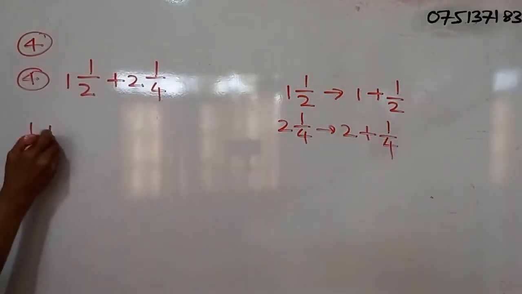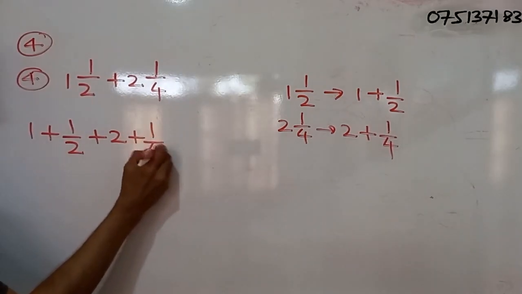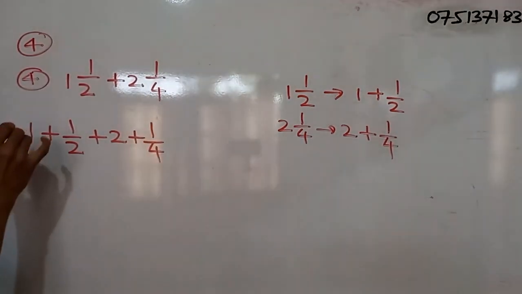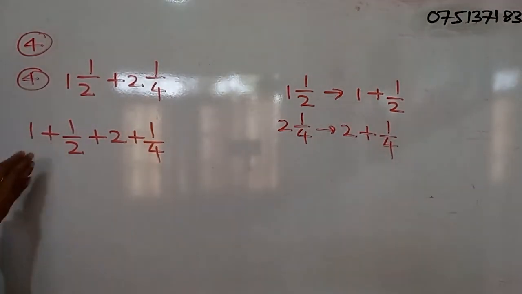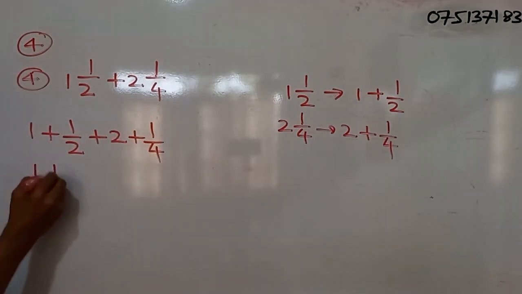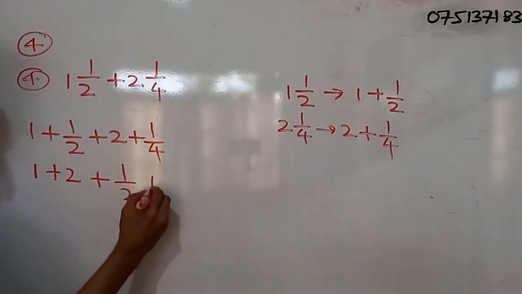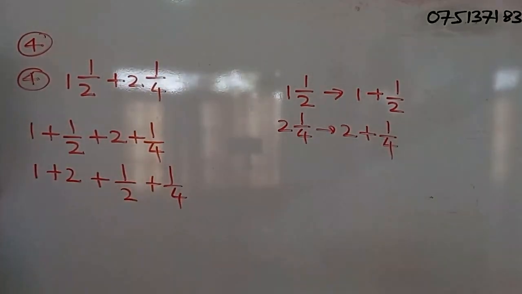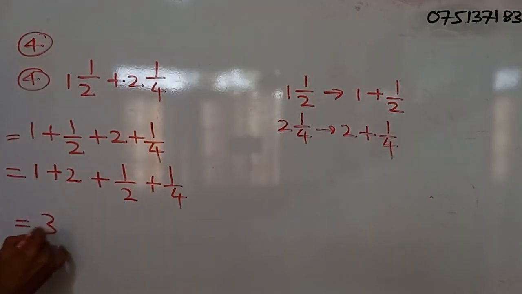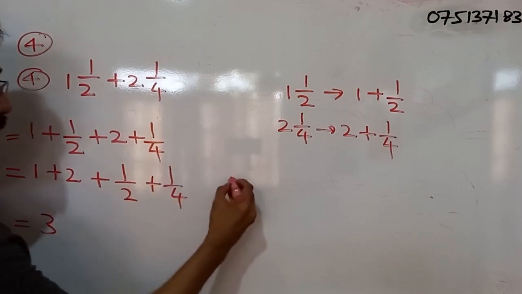So 1 plus 1 by 2 plus 2 plus 1 by 4. Now I can separately simplify the whole numbers and the fractions. So 1 plus 2 plus 1 by 2 plus 1 by 4. 1 plus 2, we know that is 3. Then 1 by 2 plus 1 by 4.